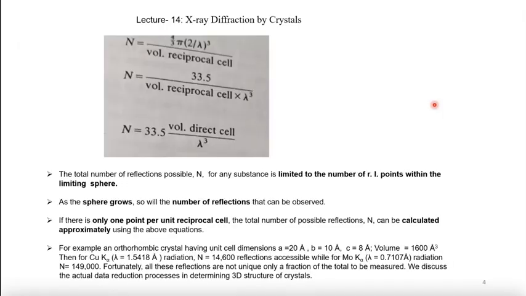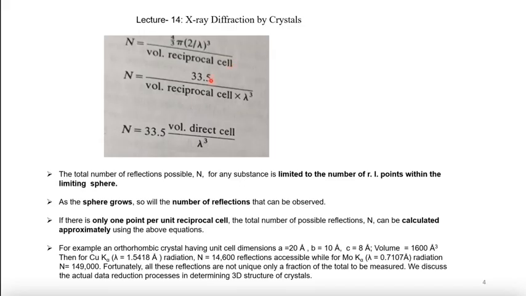Next slide. This slide tells about the number of possible reflections, n. We can get it by this equation: the number of reflections is 4 by 3 pi into 2 by lambda cubed, divided by the volume of the reciprocal cell.